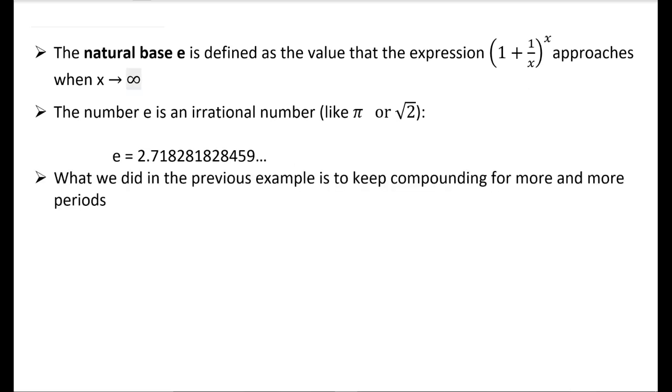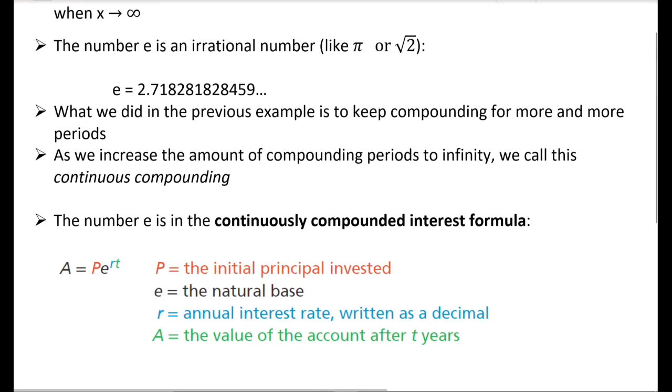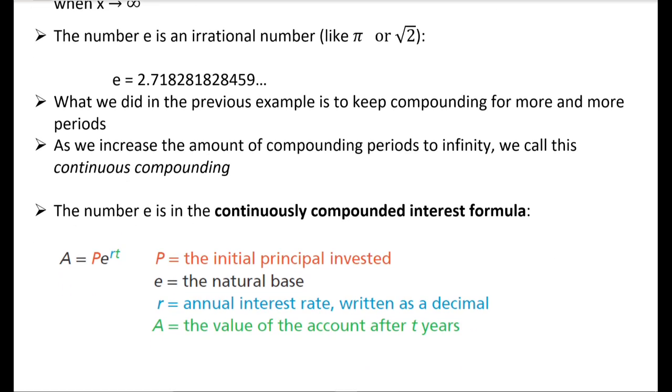So now remember, what we did in the previous example is we kept compounding for more and more periods: 1, 10, 100, 1,000, 10,000, 100,000. As we continue the amount of compounding periods to infinity, we call this continuously compounding, which means you're continuously doing it. So it's infinity. So how do we calculate the amount of interest if we're doing it to infinity?